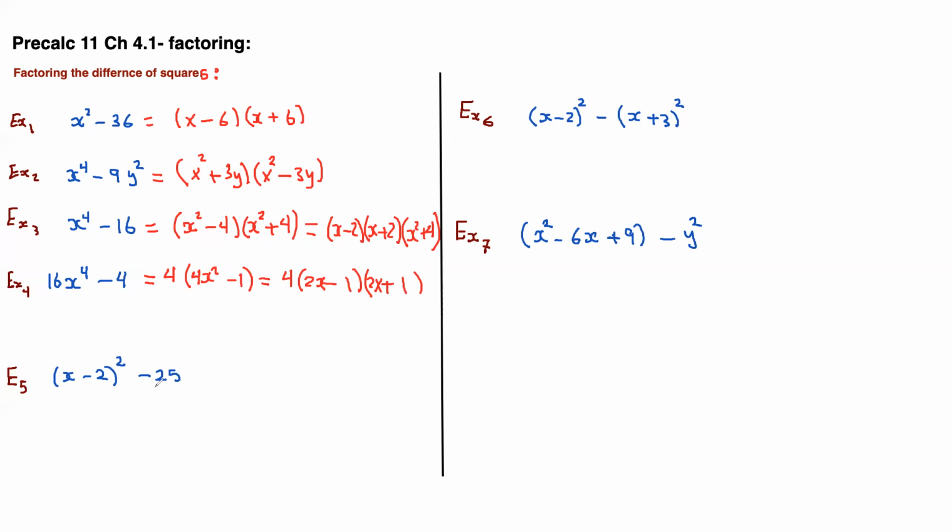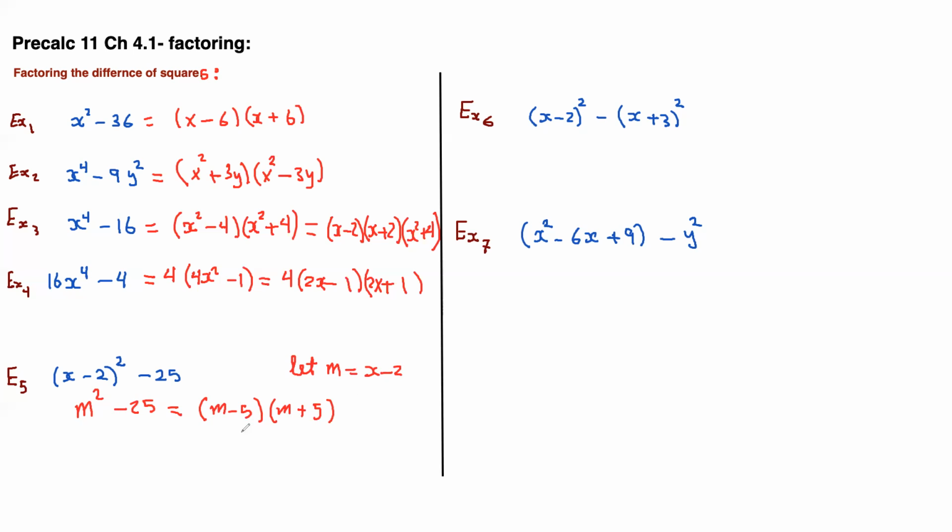This one looks a bit complicated, but the square here makes this a perfect square and this a perfect square. Some students like to let m be x minus 2, and that way they can replace x minus 2 by m, and then they put a square in there, minus 25, factor it, m minus 5, m plus 5.